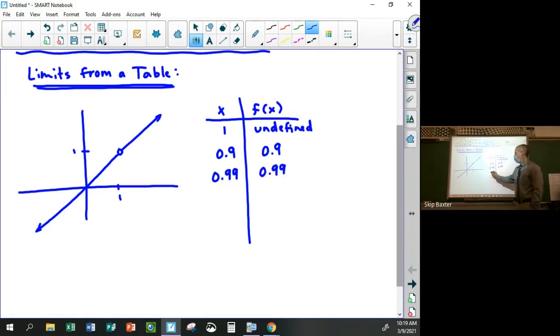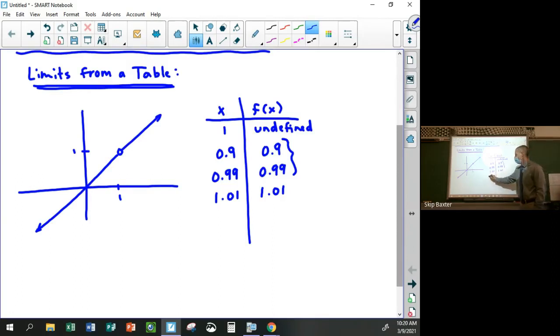If I substituted in 1.01, it'll give me 1.01. Definitely, right? My point is, you can observe the pattern of these y values and just see that they're definitely going towards 1. If I substitute in a point that was closer to 1 over here, it's going to give me a point that's closer to 1 over here. Same thing going from the right-hand side.